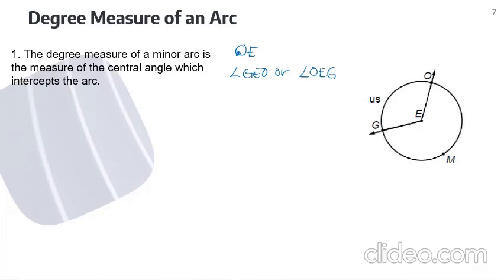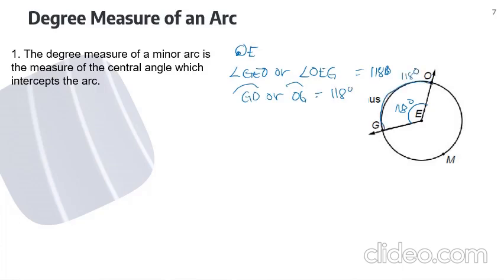For example, the measure of GEO is 118 degrees. Therefore, arc GO or OG will also be 118 degrees.